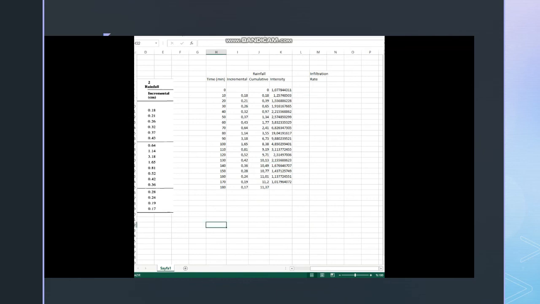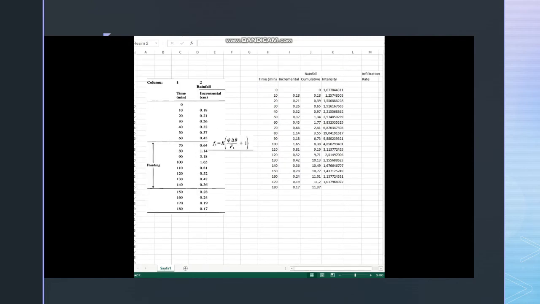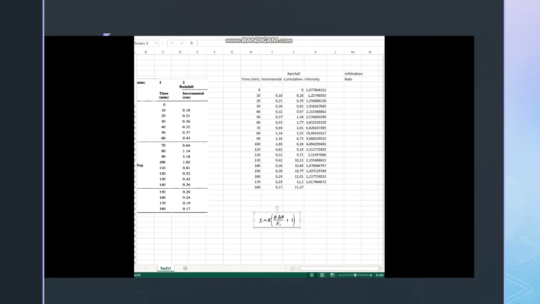For our infiltration rate, I don't know where it is. Yeah, here. All right. So in order to calculate the infiltration rate, we need to multiply by the hydraulic conductivity, which is not here. Here.